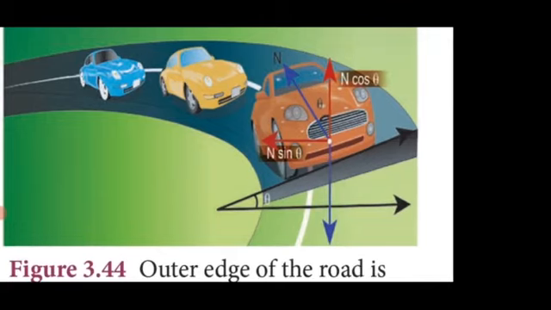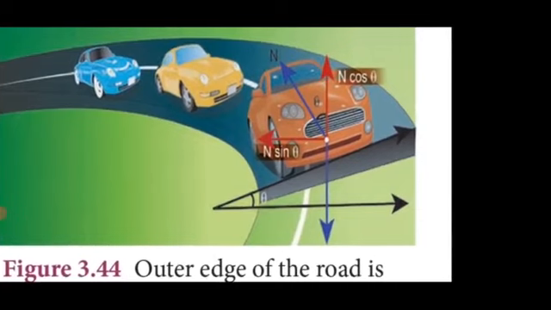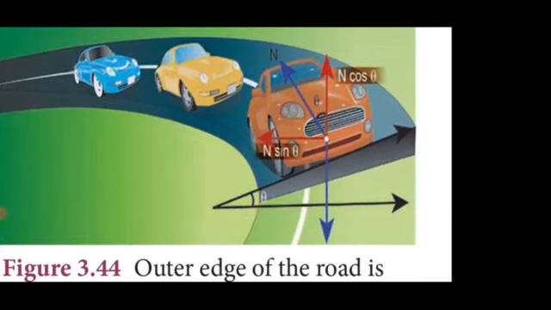When the car takes a turn, two forces act. What are the two forces? One is the gravitational force, mg, always acting downwards, and the normal force N, which is perpendicular to the surface. Here we can resolve the normal force into two components. What are the two components? N cos theta and N sin theta.